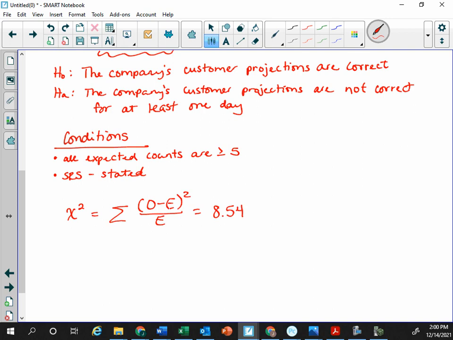What if it's not shaded? Yours, what does your p-value say? Yeah, that's not right. Mine's 0.1. What is happening?